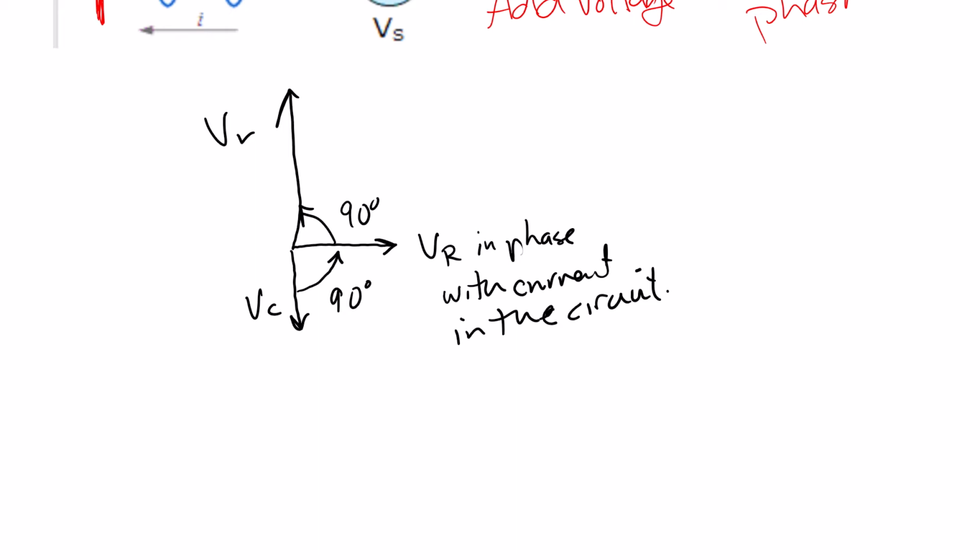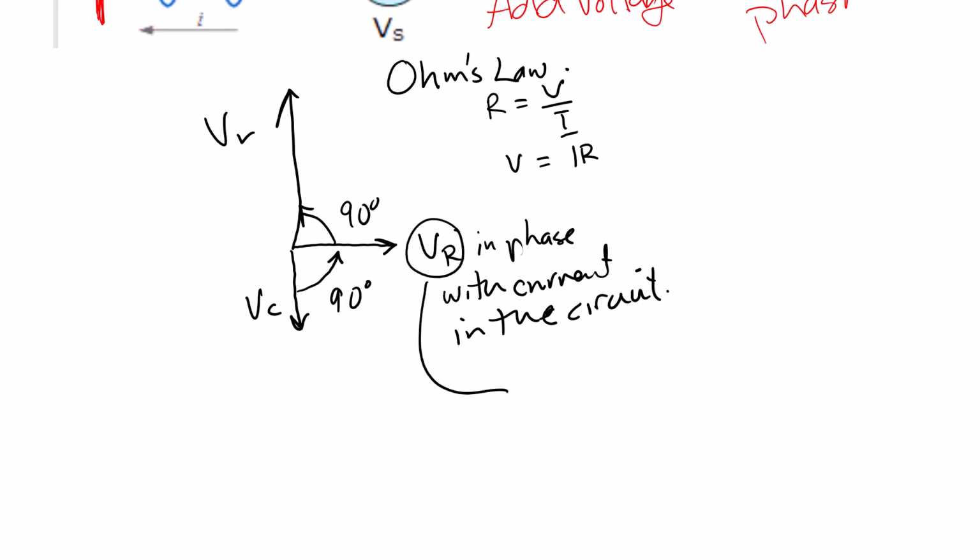And just a reminder too, from our version of Ohm's law, remember, R equals V over I. In this case, we'll talk of V equals IR. So voltage across the resistor is equal to IR.